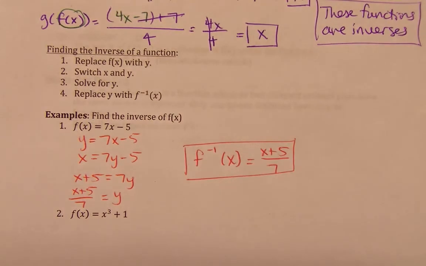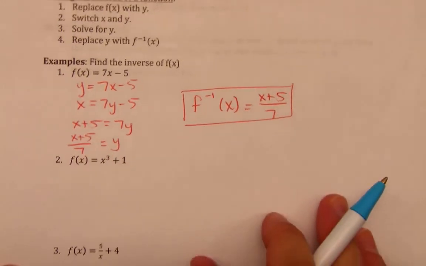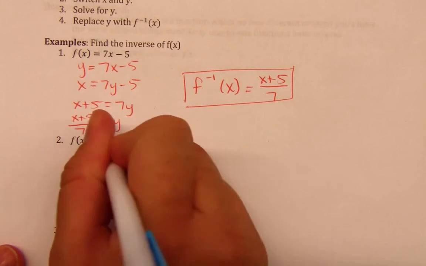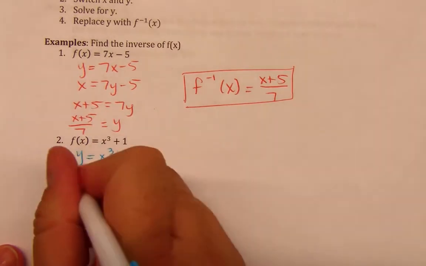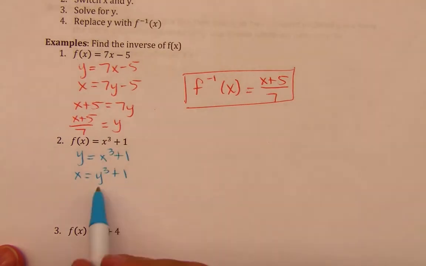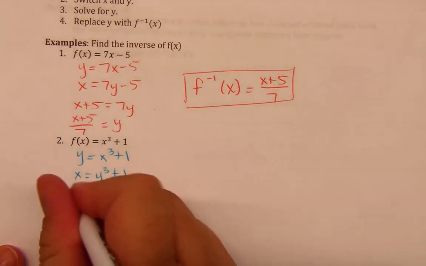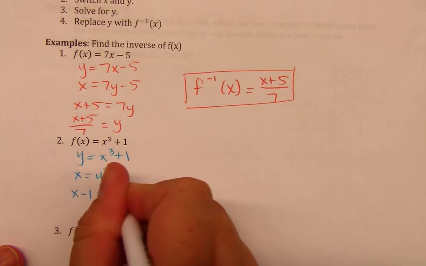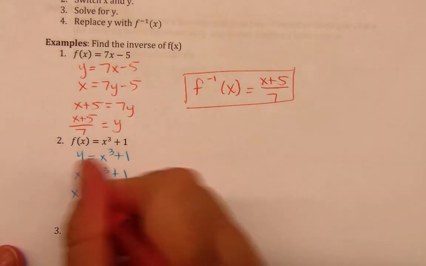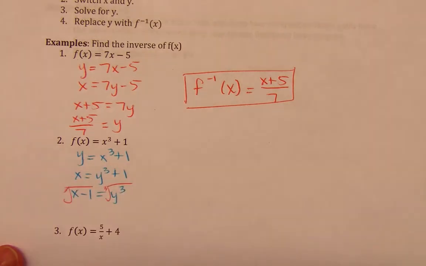Okay. Looking at the next one, we have x cubed plus 1. So first thing I want to do, switch this into a y, and switch x and y, and get y by itself, so subtract 1. And now I need to take the cube root of both sides, and you only need the plus or minus if it's an even index.